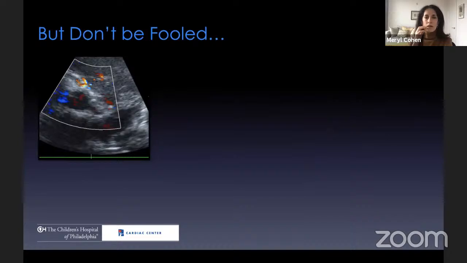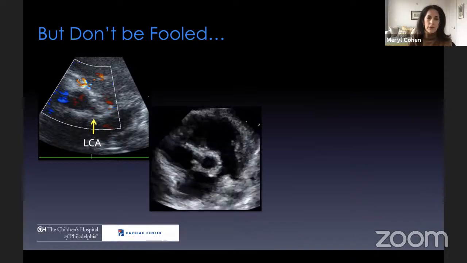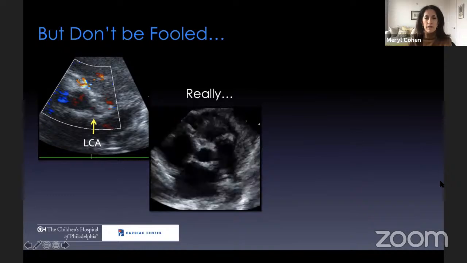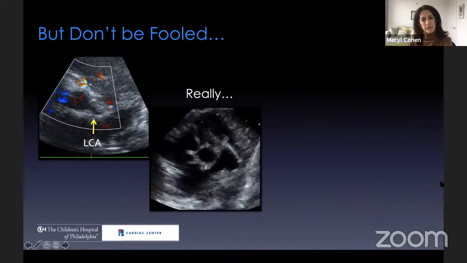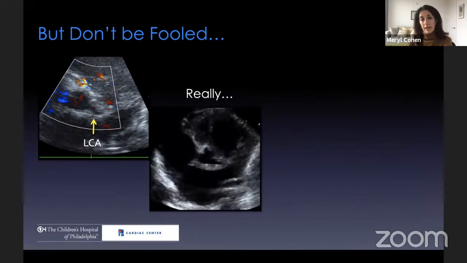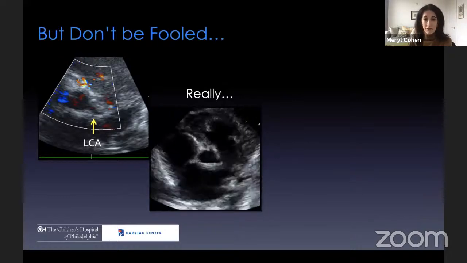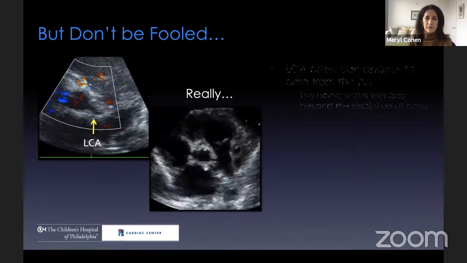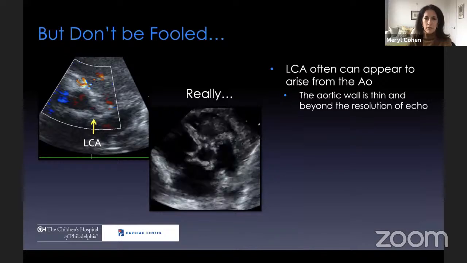And so it's really easy to be fooled. Here you can really suggest that the left coronary artery is arising from the aorta in this patient. And I'm just going to play this clip because I told you not to use still frames. And you could still very much convince yourself that this coronary artery is arising from the aorta.